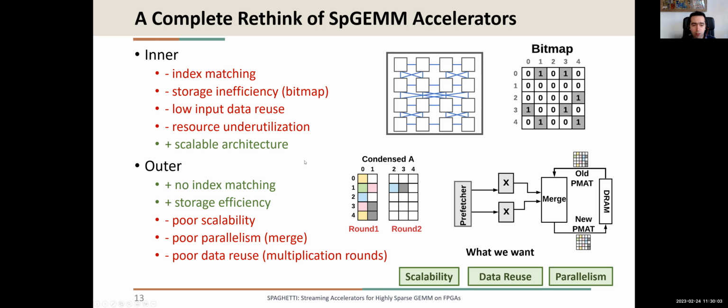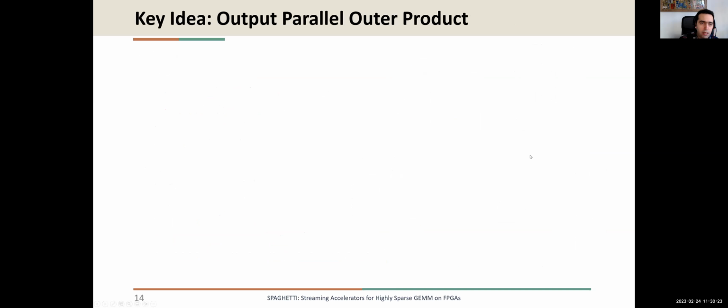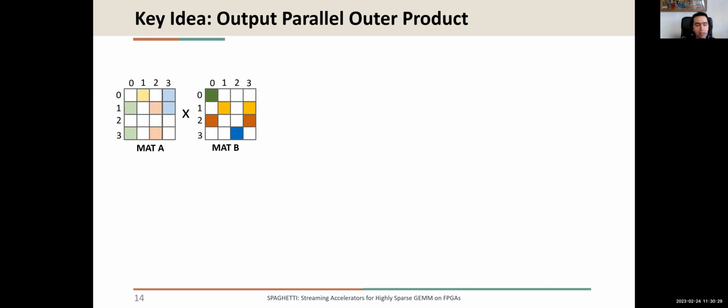On the other side, the outer product doesn't need index matching, probably a better storage format, but still it's not scalable. And the parallelism, because of this merging, is not good. So we are looking for an architecture that can offer better data reuse and parallelism, and it is also scalable. So our key idea was to do this outer product, but in an output parallel fashion.